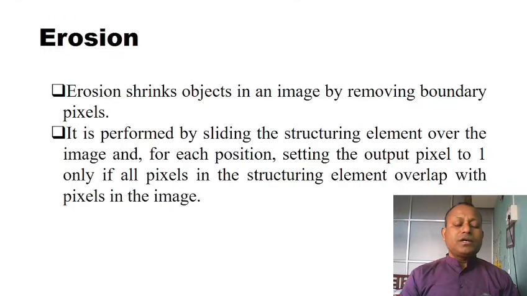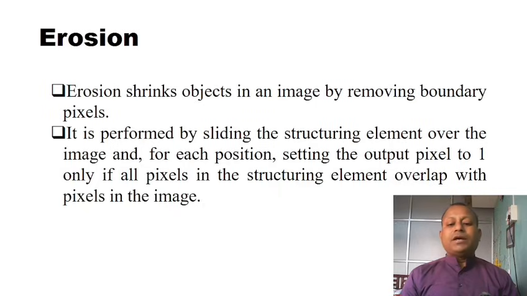Now, the second one is erosion. Erosion shrinks the objects in an image by removing boundary pixels. Shrinking objects is another important part of morphological image processing.